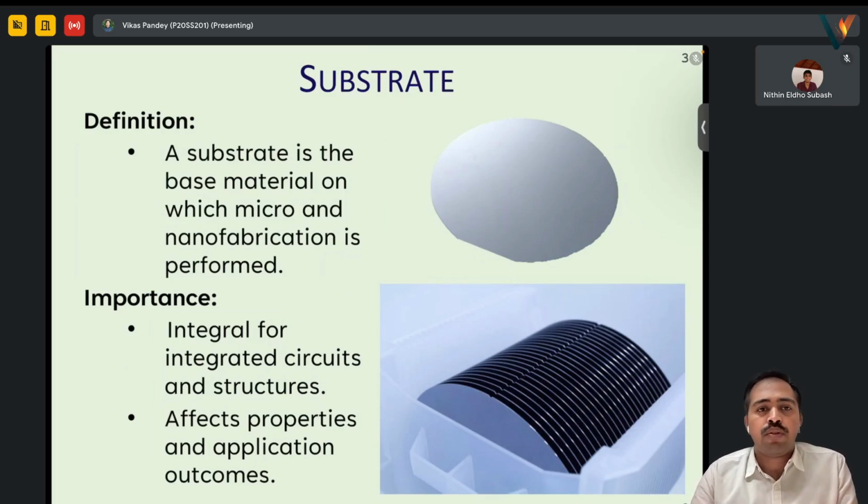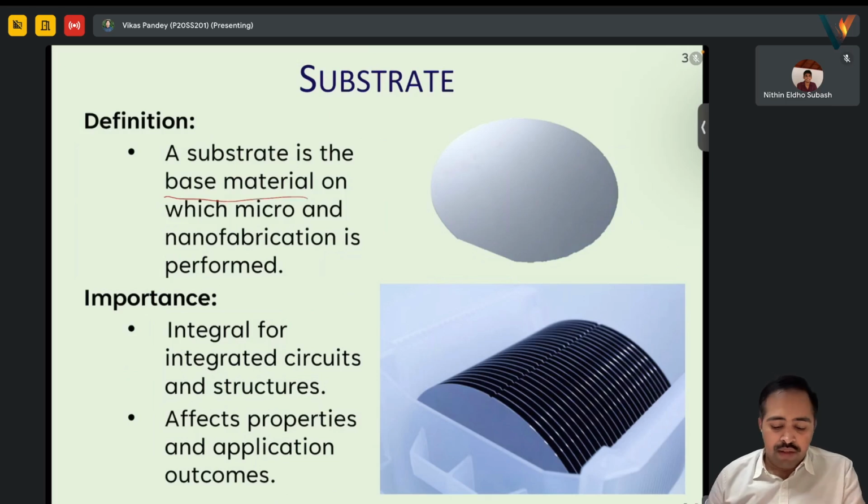As we have seen in the week one lecture, a substrate is the base material on which micro and nanofabrication is performed. And what is microfabrication and what is nanofabrication?